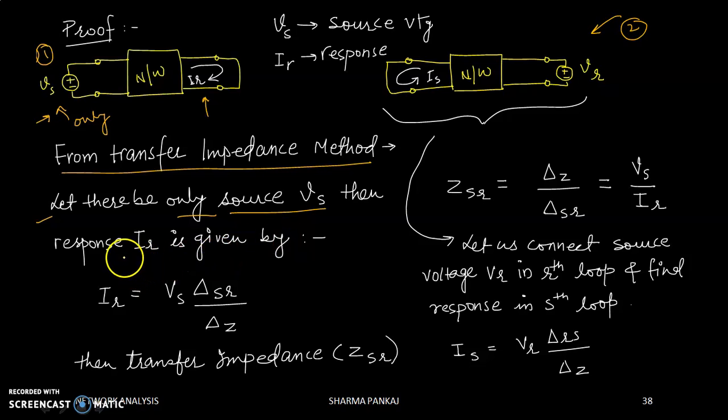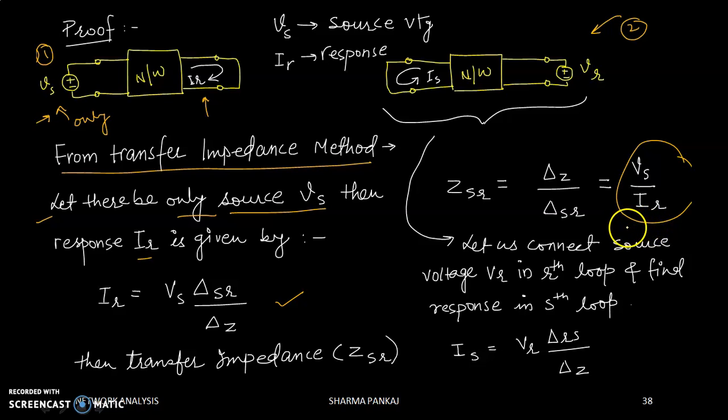Now, the response IR is given by IR equals Vs into delta SR by delta Z. By the transfer impedance method, ZSR equals delta Z by delta SR, which is equal to Vs upon IR.